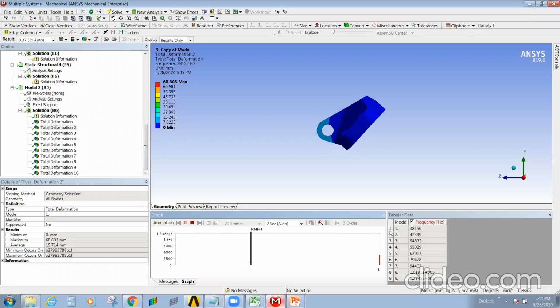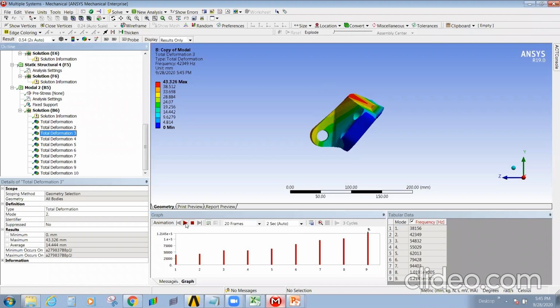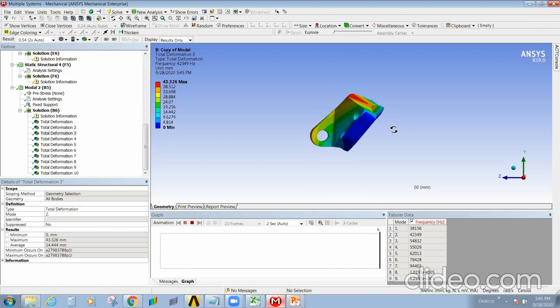Your frequency is 38156. In this direction it has the highest displacement magnitude, the amplitude as we call it, and the number of oscillations is this much. In the second one, you can see the entire body is in this direction now.